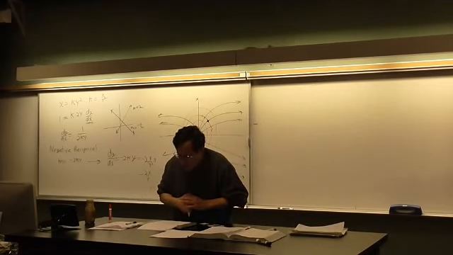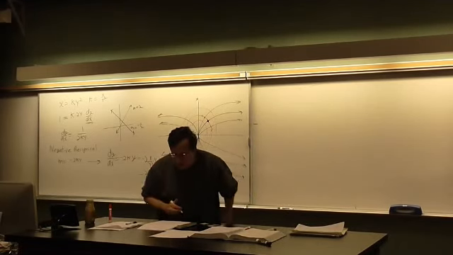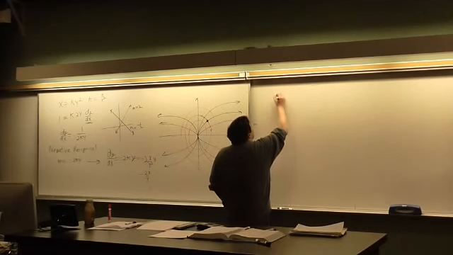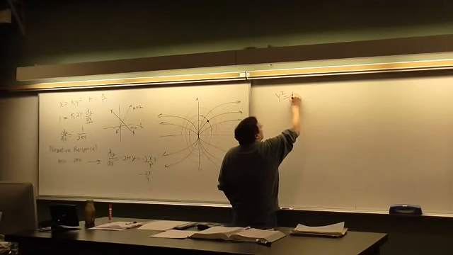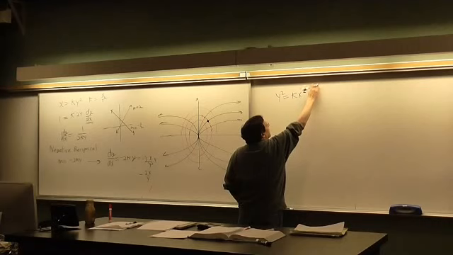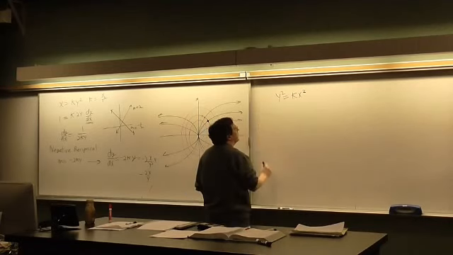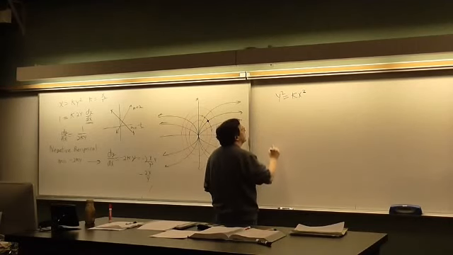So the equation is y squared equals kx cubed. If I implicitly differentiate, I get 2y dy/dx equals 3kx squared.